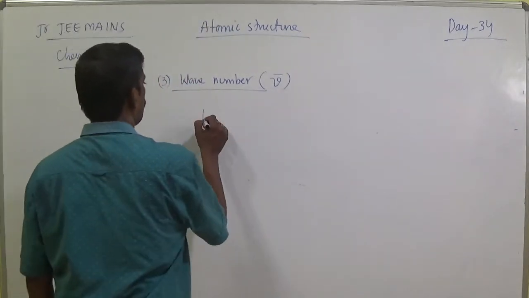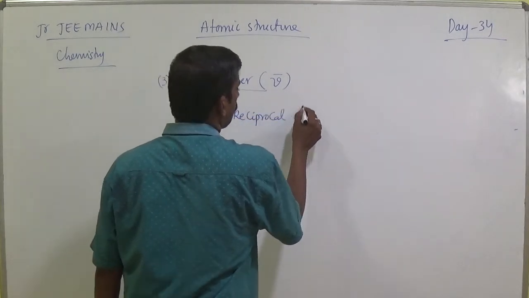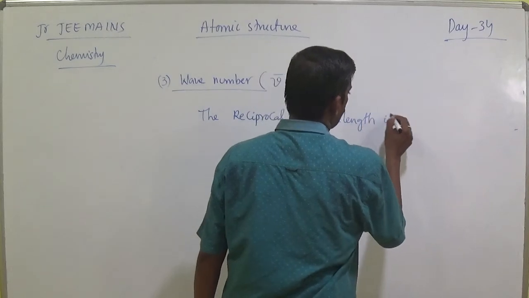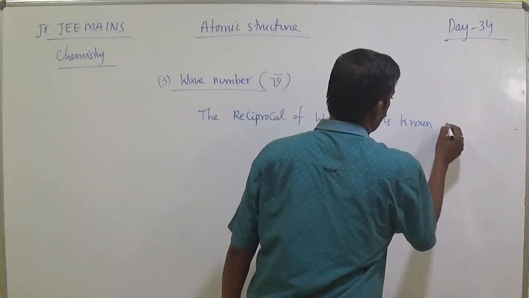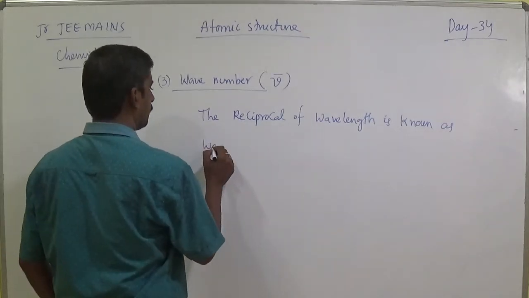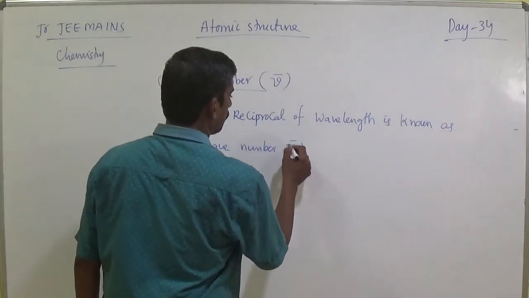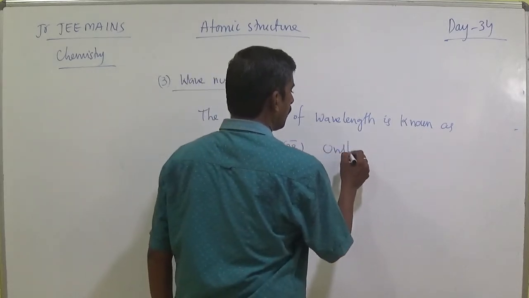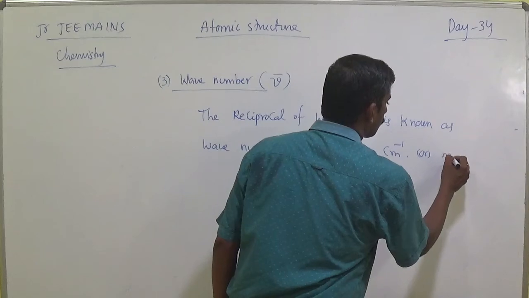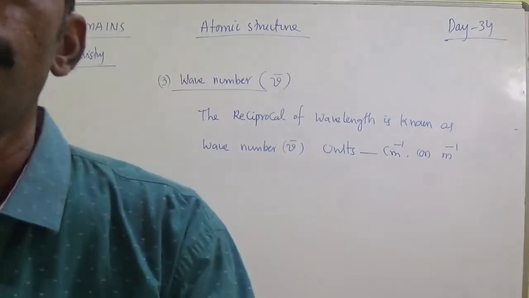The units of wave number are centimeter inverse or meter inverse.